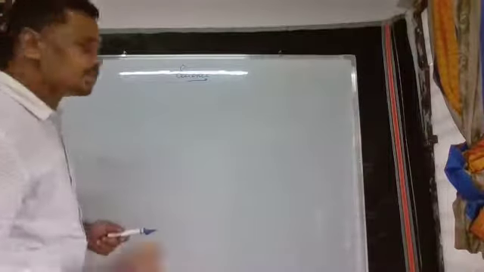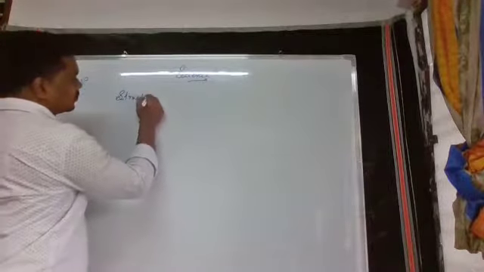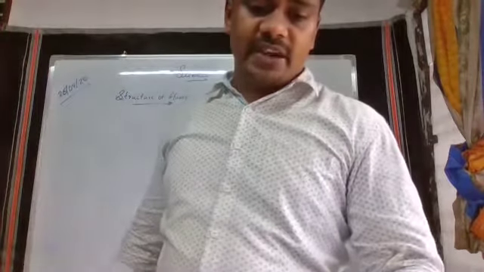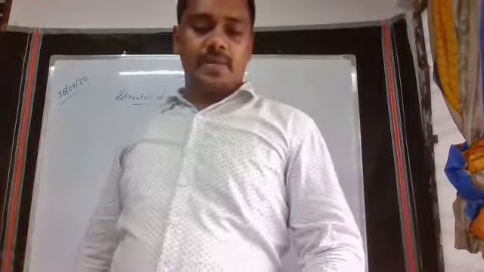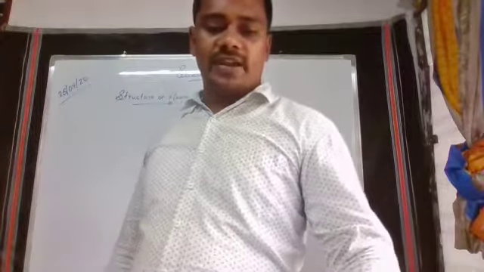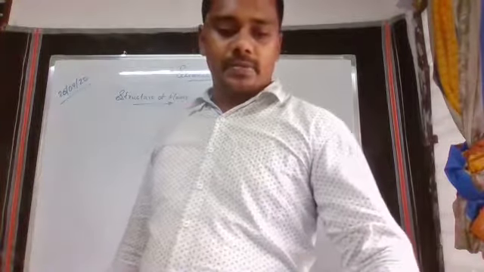Before that, we have table 6.2, materials forming flame on burning. Some materials are given. We have to go through that table. One table is given, in which 5 materials are given.